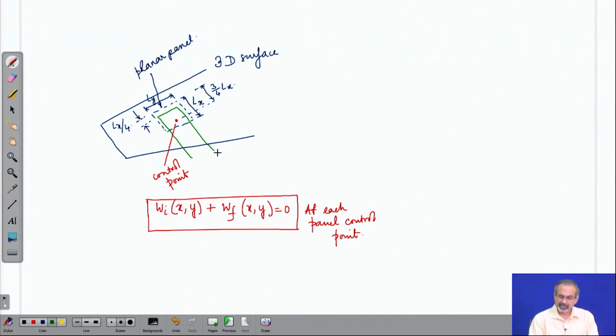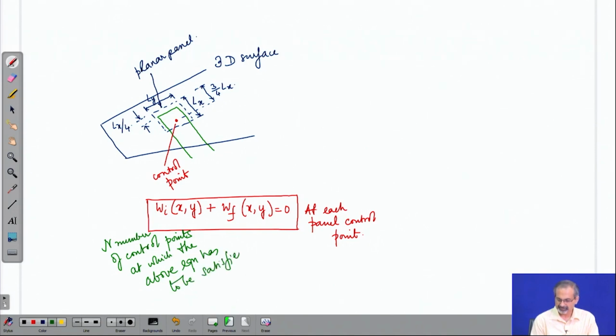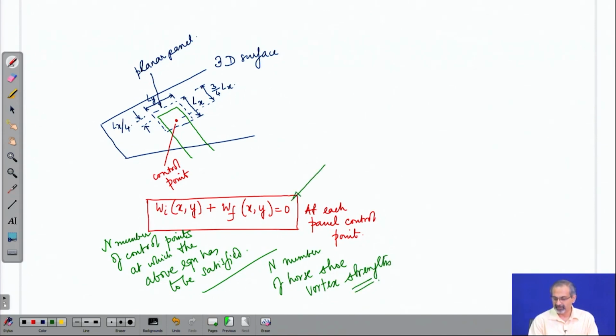Now, if you have n number of control points at which the above equation has to be satisfied, then you will end up solving n number of horseshoe vortex strengths, by having discrete forms of these equations applied.